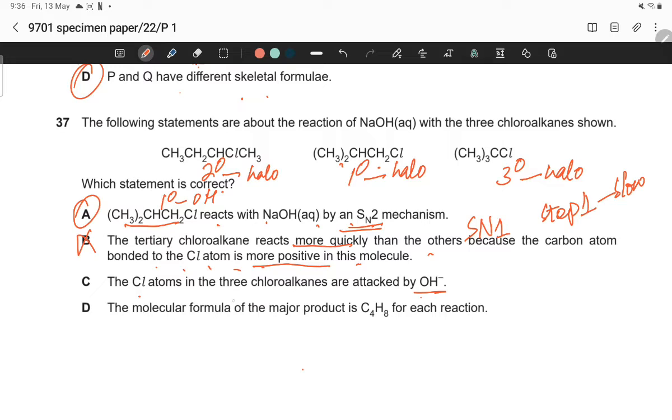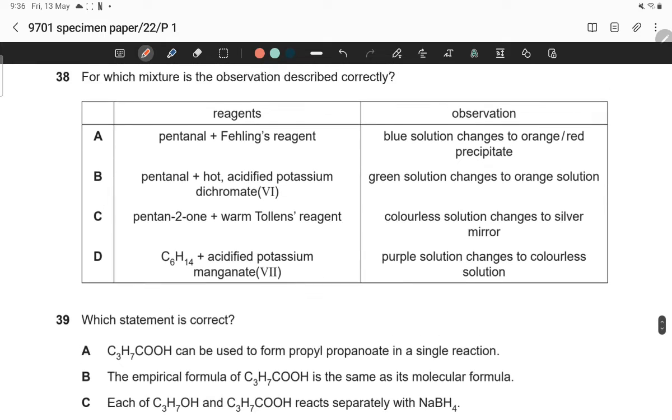No, not the Cl atom, this is the carbocation attacked by OH negative. This is incorrect. The molecular formula of the major product is C4H8 for each reaction. The molecular formula of the major and minor products both should be C4. This is also incorrect.